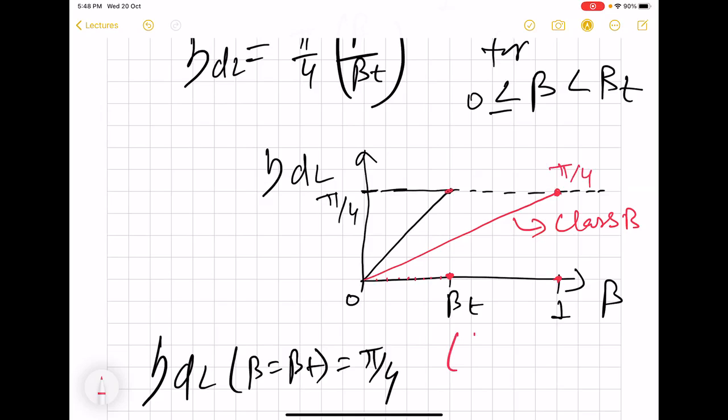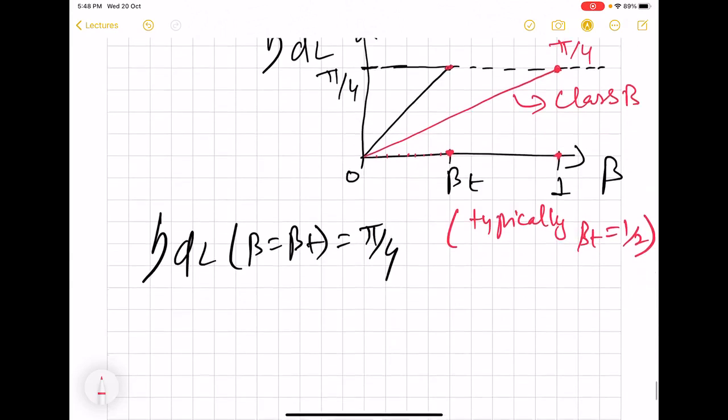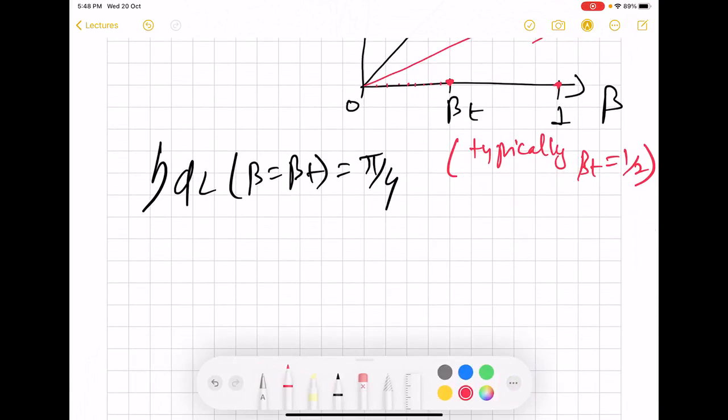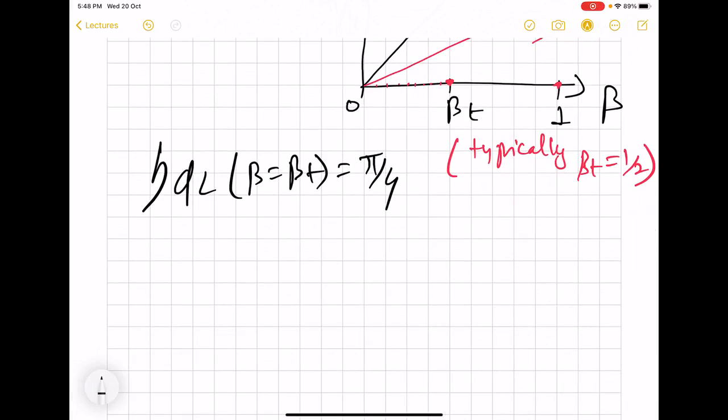And typically, this beta t is taken to be 1 by 2. But one is free to choose whatever value they want. So we will later on point out why it is 1 by 2, why it is not 1 by 4.